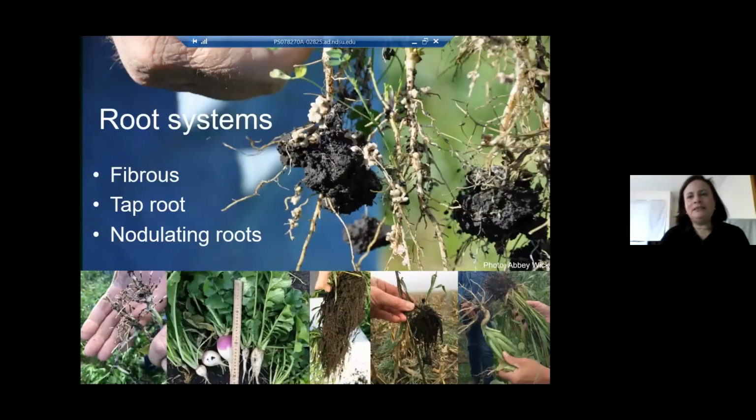Now, root system is something very important because root systems do different things in the soil. We're interested in soil health, and each family has different things that contribute to the soil. So the root system, we have a fibrous system, which is typical of the cereals.